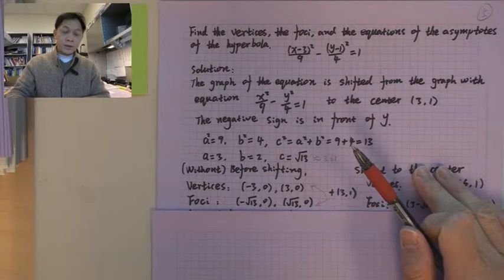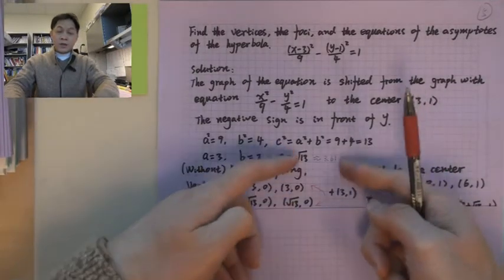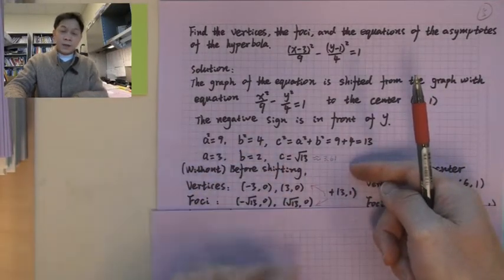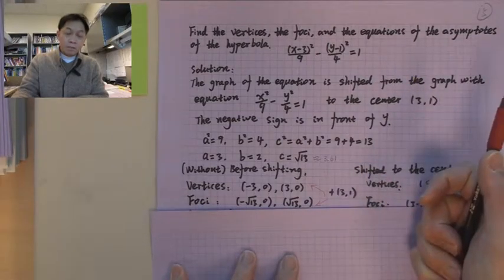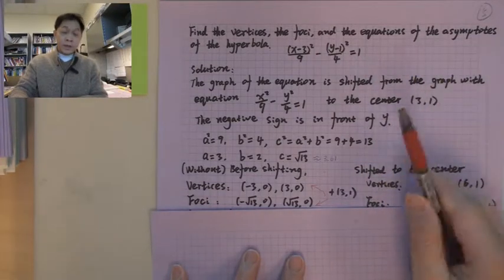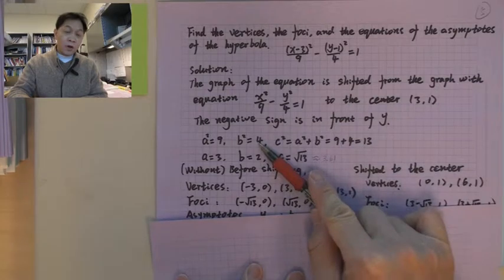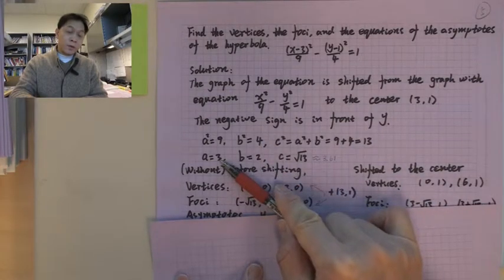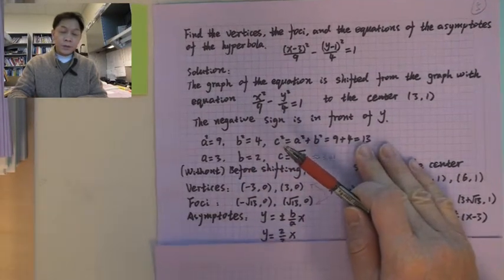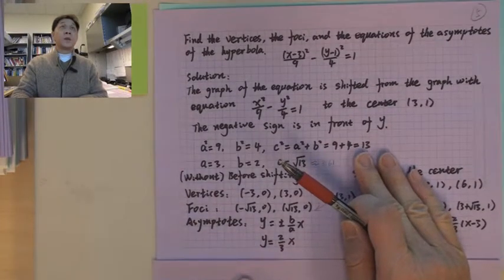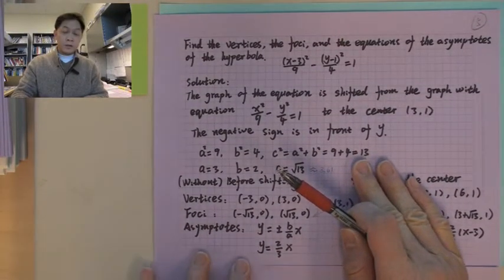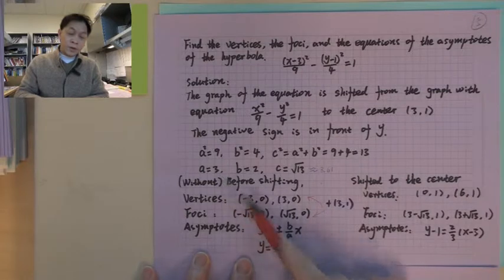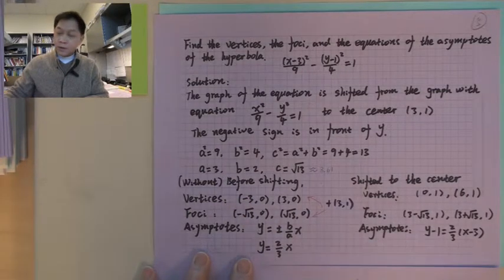Since the picture looks like this, what you get will be b over a, which is 2 over 3 as your asymptote. You may want to put positive or negative right down here.